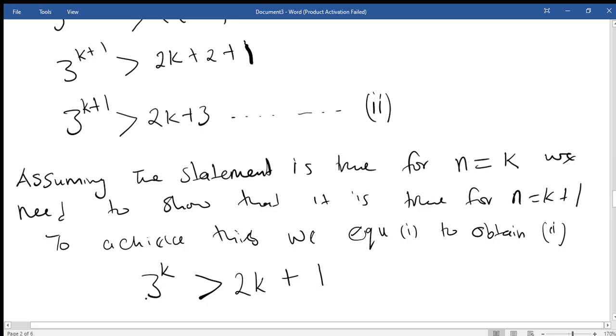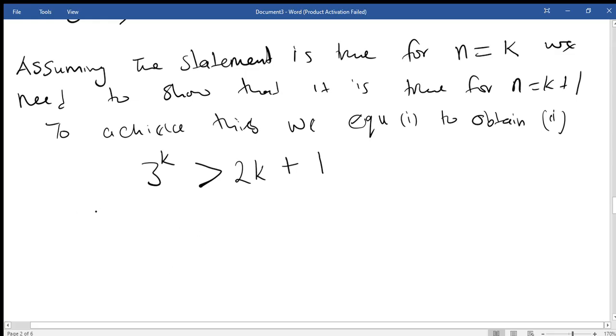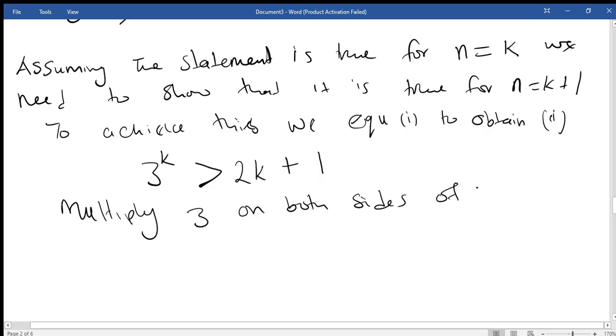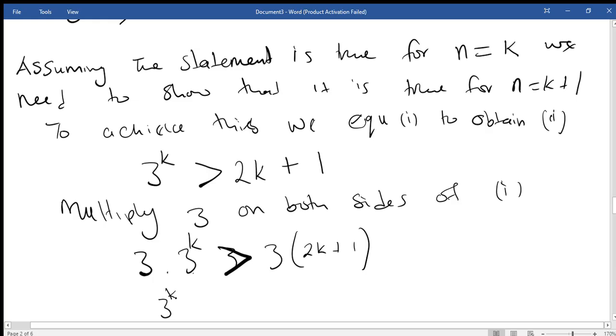So multiply 3 on both sides of equation 1, so that we have 3 multiplied by 3 power k greater than 3 multiplied by 2k plus 1. With same bases, different powers, we just sum up the powers. We're going to have 3 power k plus 1 greater than 6k plus 3. This is what I'm going to have.